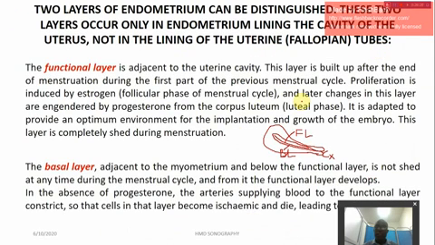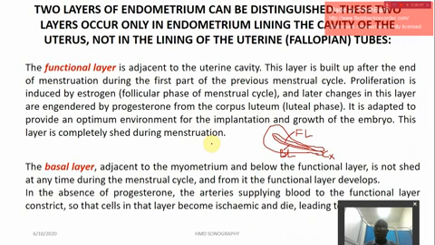Later changes in this layer are engendered by progesterone from the corpus luteum. Yes, the corpus luteum produces progesterone at that level and is adapted to provide an optimum environment for the implantation and growth of the embryo.